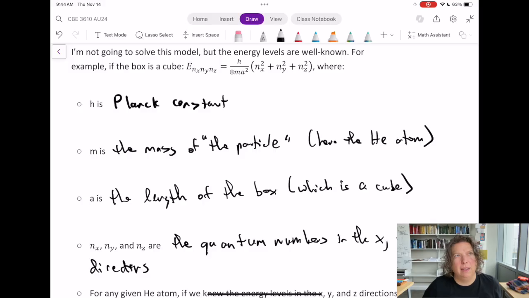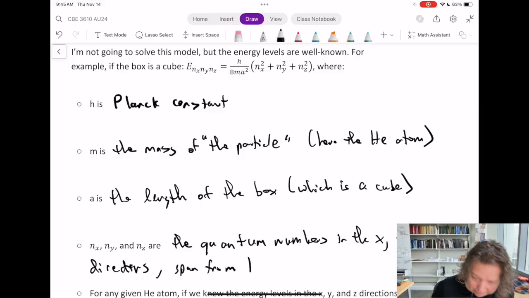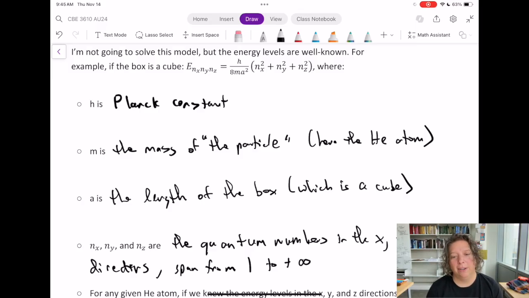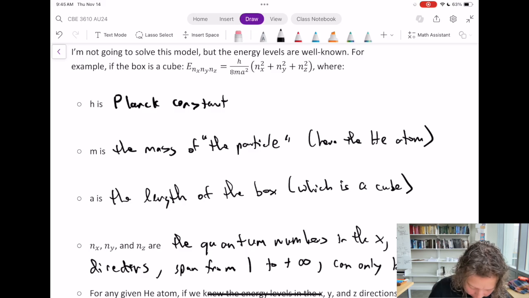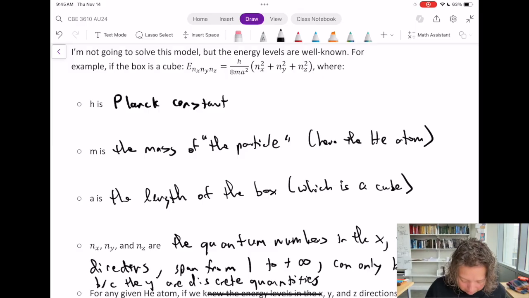They span from 1 to positive infinity, so there are infinitely many energy levels, but they are discrete. They can only be integers. They are discrete, quantized quantities.